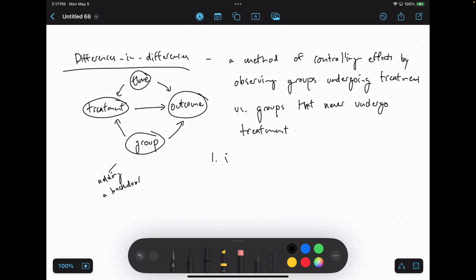So one, we isolate the within variation for treated and untreated groups, closing the back door.